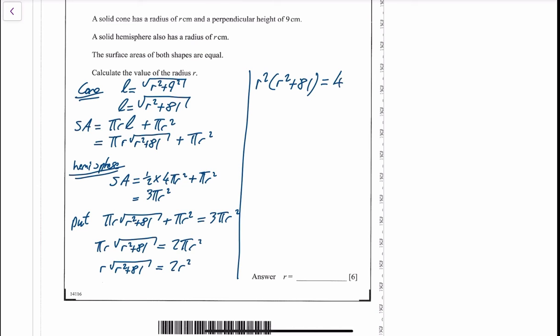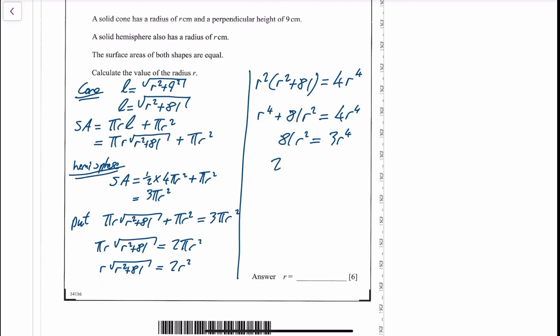Square the 2, you're going to get 4. Square the r squared, you're going to get r to the 4. And then let's just multiply out. You're going to have r to the 4 plus 81 r squared is equal to 4r to the 4. And that means 81 r squared is equal to 3r to the 4.